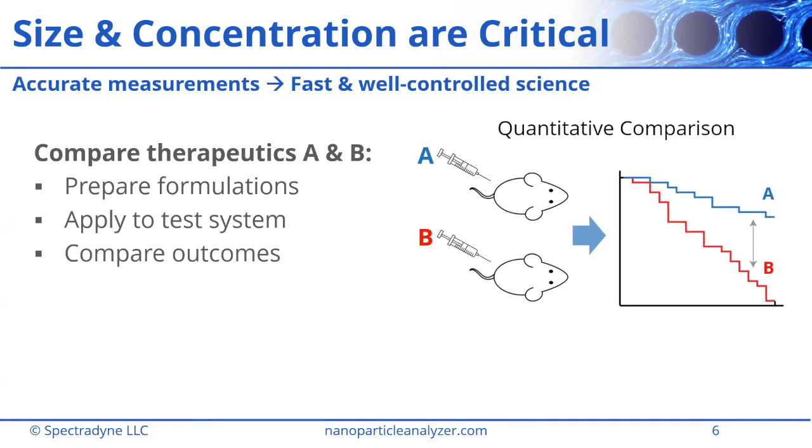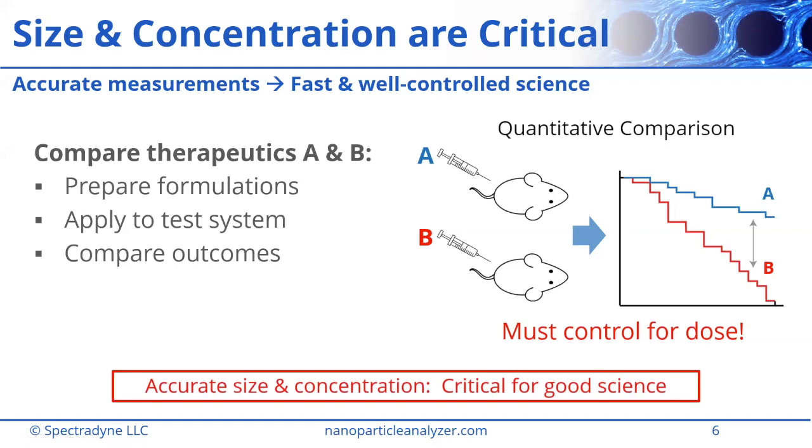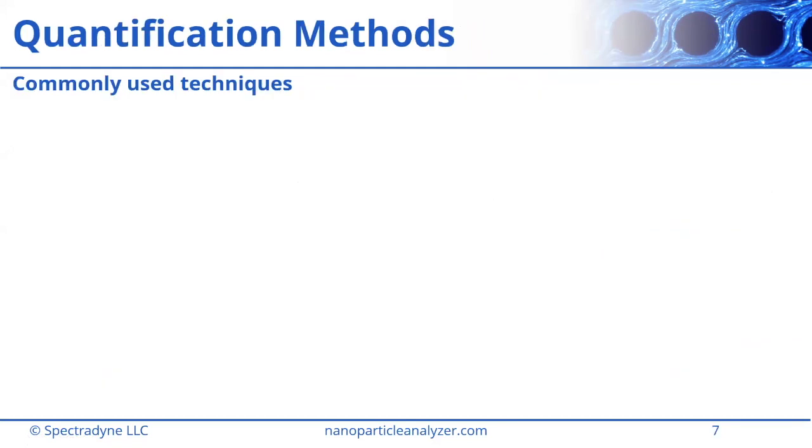And as a scientist, you would never think to do this experiment without first controlling that the amount of product A and the amount of product B that were administered were the same. It's critical, right? So the dose and so the accurate size and concentration are critical for performing good science.